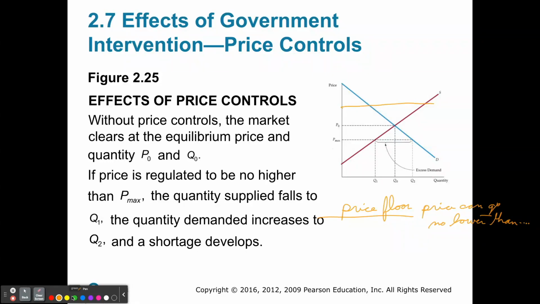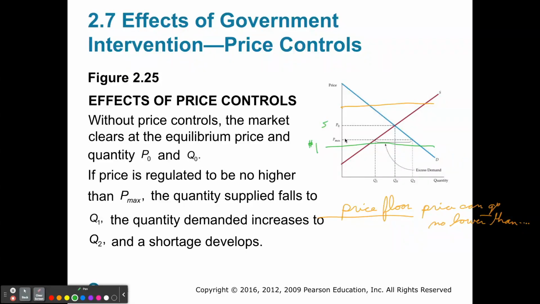Why? Because if I place it below, it'd be like saying the price for gasoline can go no lower than $1. Costco would be like, dude, that's fine by us, we're charging 5, so we're all good. We're not breaking the law, because the law says the price can go no lower than $1.